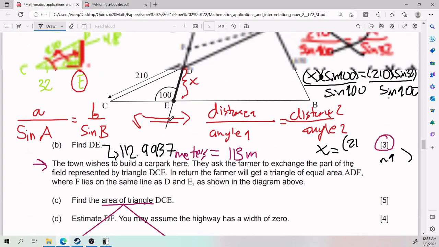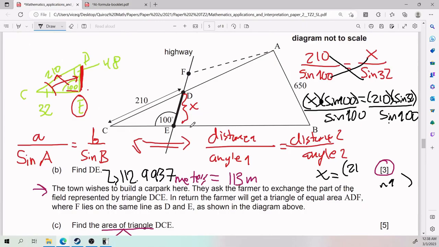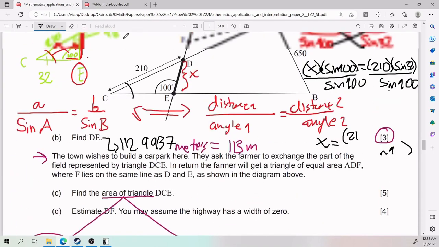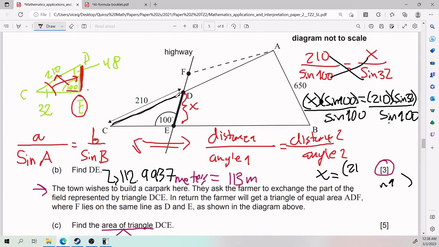So if I'm looking at the area of triangle DCE, I could have this side and I need that angle. That's one option. You can also say, I have this side and this side with D, and I have that angle. And then you can use the formula.